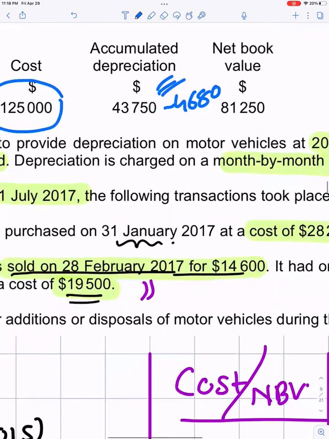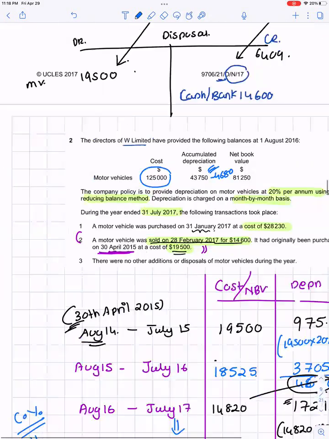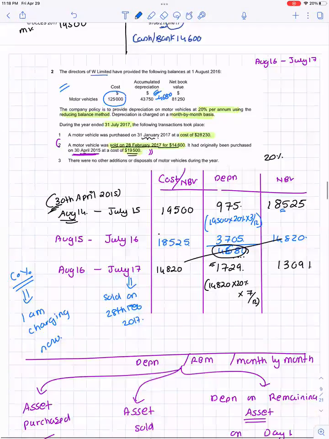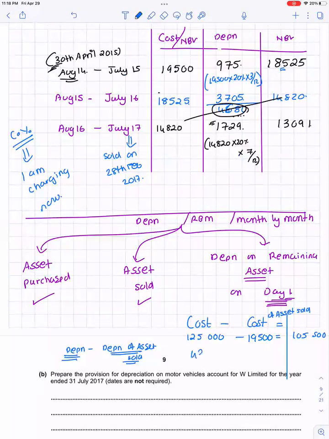And before the current year, what is the depreciation of the assets sold? 14,820.